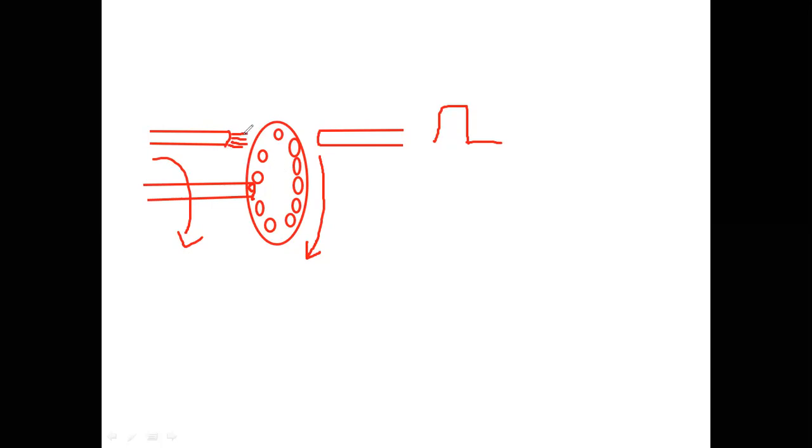So here, if the hole comes in between the light source and the light detector, total light falls on the detector through the hole, so output will be high.